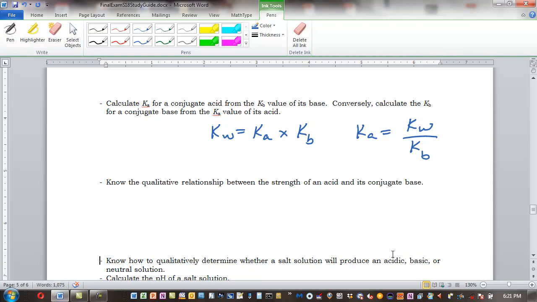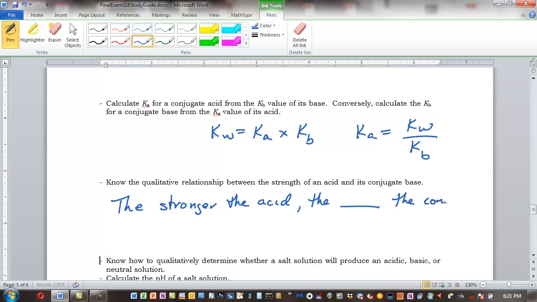Next one. In addition to doing the calculation, you should know qualitatively the relationship between the strength of an acid and the strength of its conjugate base. So fill in the blank.